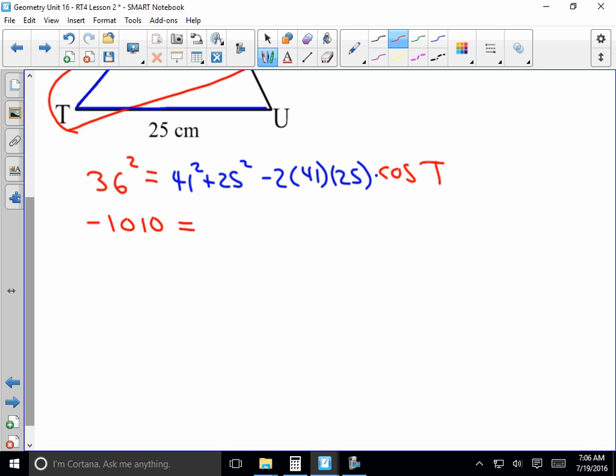Now on the right-hand side, I need to multiply my 2 times 41 times 25. That 2050 negative has to stay with the cosine of T right now. It has to stay there until I divide it out. So I'm going to divide both sides by 2050 now.